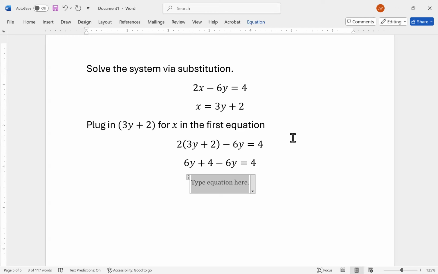When I add those two up, I will eliminate the variable y as well. And I end up with just 4 equals 4. This is a true statement. And so what that means is that there are infinitely many solutions.